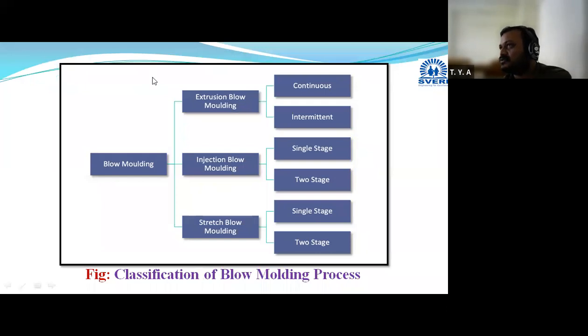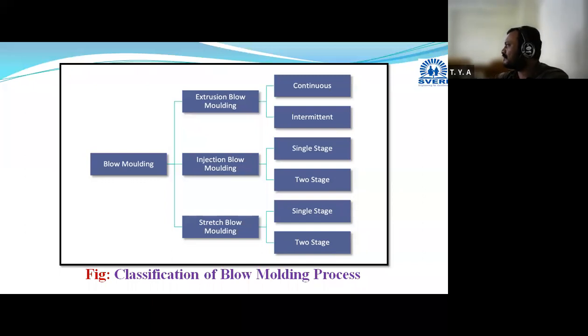Out of these two or three types, injection blow molding is more economical. What is the reason behind it? Because scrap is less, hence material wastage or loss will be less. And injection blow molding is performed at faster rates, meaning production rate is very high as compared to the extrusion.